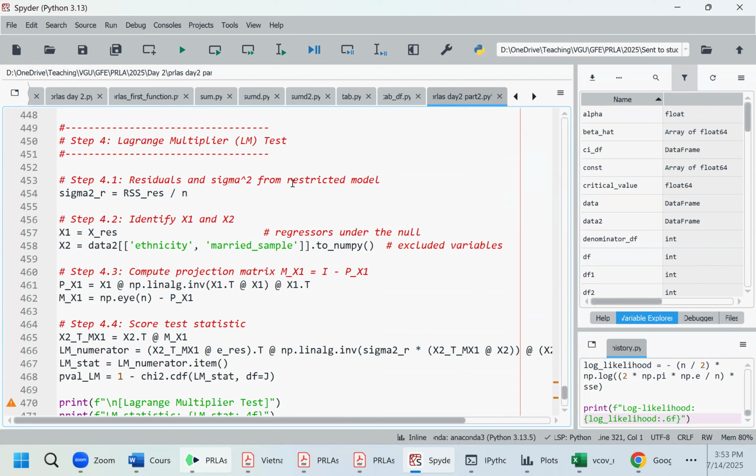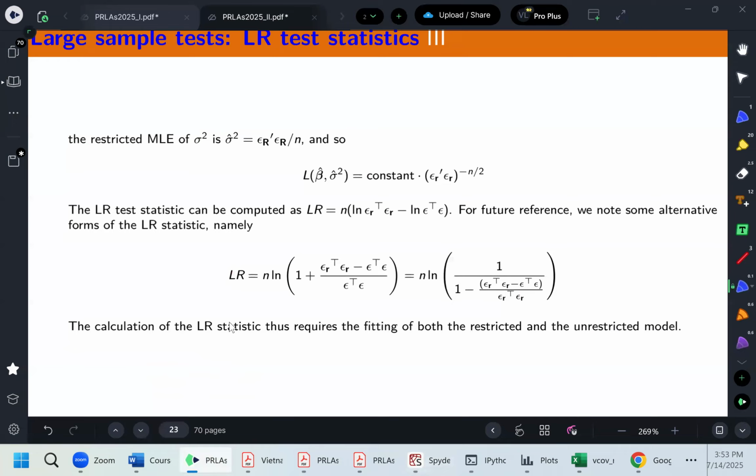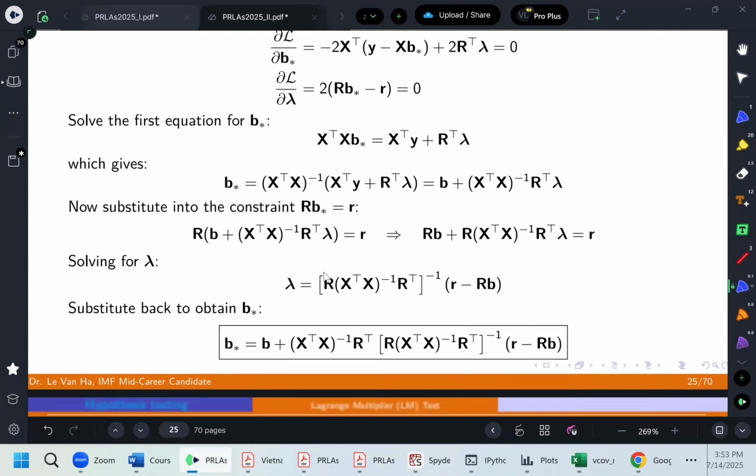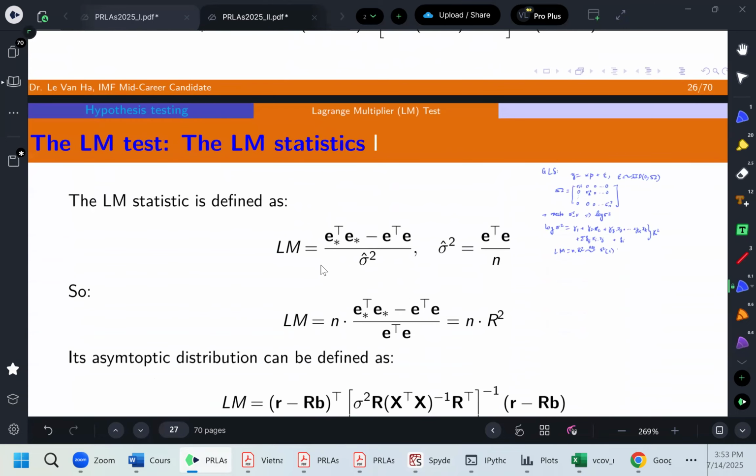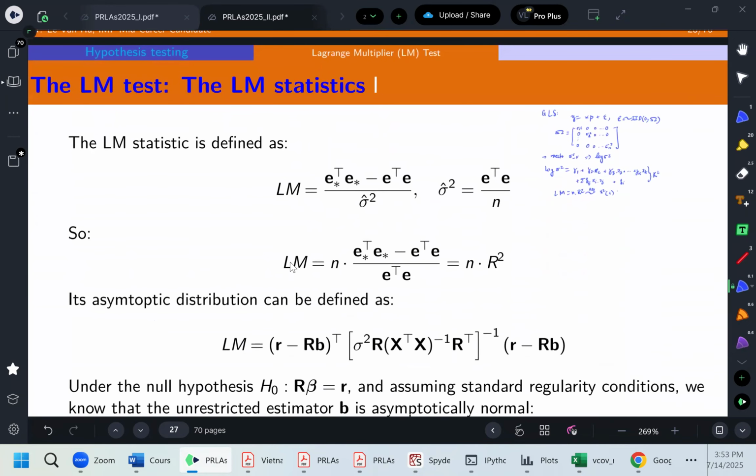So the LM statistic here is defined like this, and it follows the LM steps.